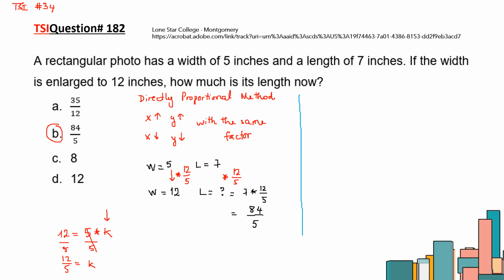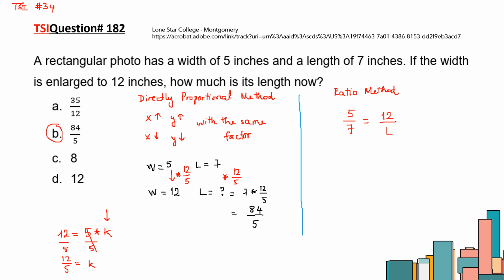The second method we use is what we can call the conversion method, or the ratio method. For the ratio method, you have 5 to 7 equal to 12 to the new length.